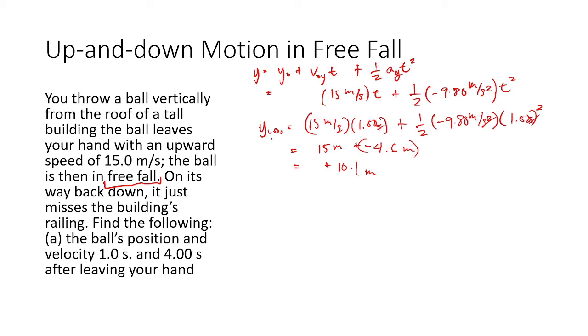So that will be for 1 second. Same can be done with 4 seconds. You just need to substitute 4 seconds dun sa ating mga t, and you will have there your y at 4 seconds will actually be negative 18.4 meters. So as you can see here, we have here positive and negative values for our positions.